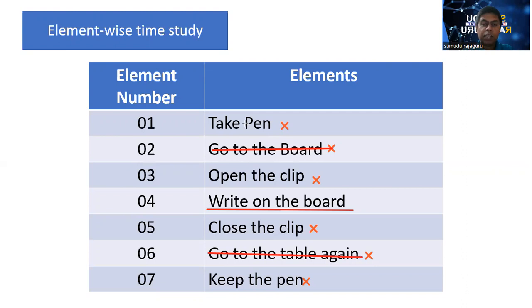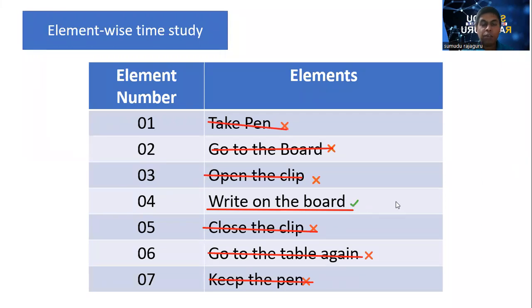Then the pen is always in that person's hand, so take the pen and keep the pen elements can also be eliminated. Now, open the clip and close the clip: if we write on the board continuously, there is no need to open or close the clip. So we can eliminate these two non-value adding activities also. Now we have only the value adding activity.